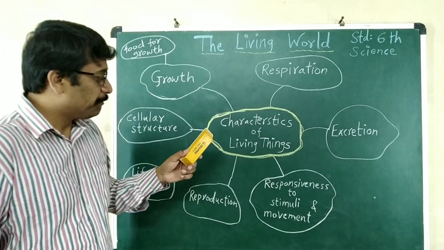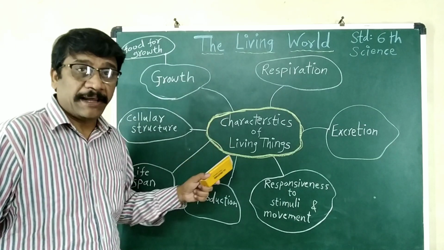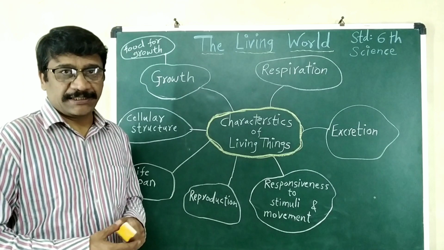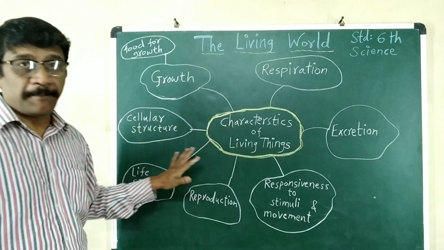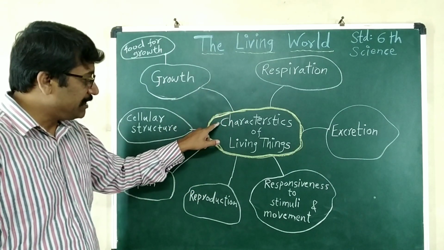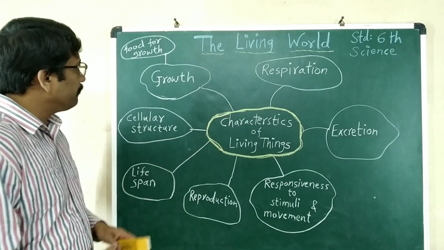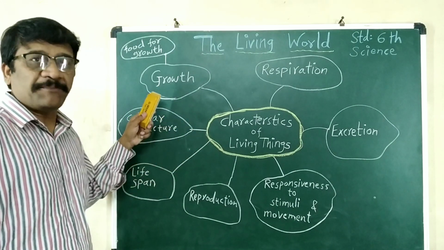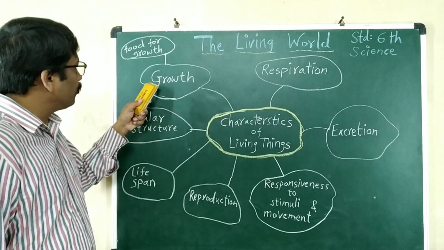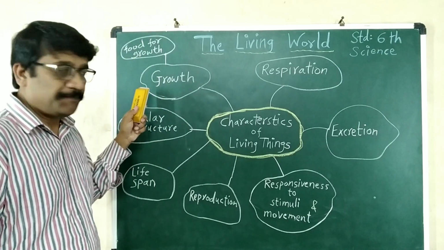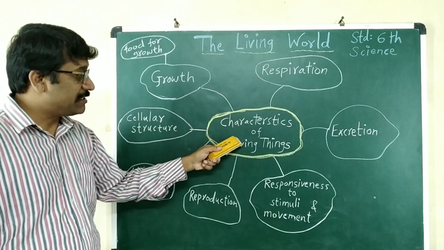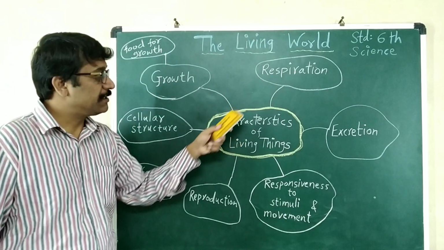On this board, I have drawn a mind map of characteristics of living things. This is called a mind map. Characteristics of living things. The first characteristic is growth, which is very important. And for growth, we need food. Then respiration is another characteristic of living things.